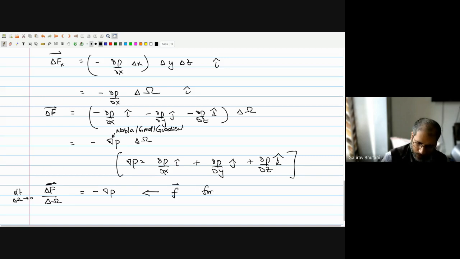It's called the force per unit volume, the force per unit volume acting because of the pressure. So we can see that if your pressure changes in different directions, that will result in a net force acting on the volume. And this is exactly what we wanted to find out: the force that is generated because of a spatial gradient in the scalar pressure field.